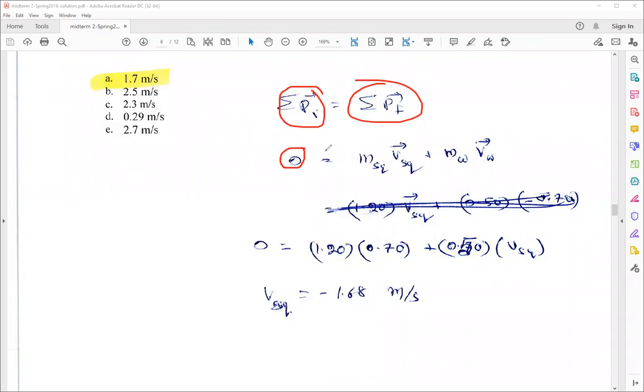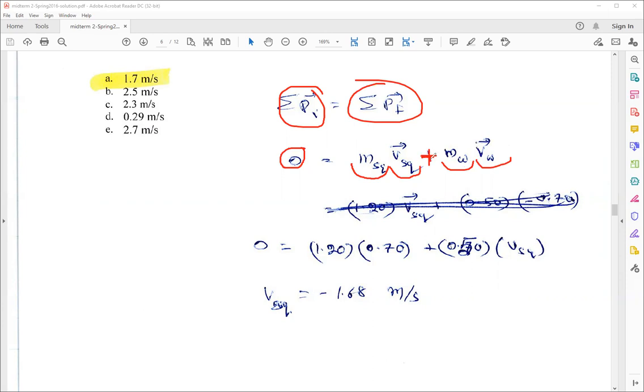Okay, so initially nothing is moving, and then when the squid ejects the bolus of water, we have mass squid, velocity squid, plus mass water, velocity water. Now, in this case, I know I'm looking for the velocity of water. I'm using a plus here.